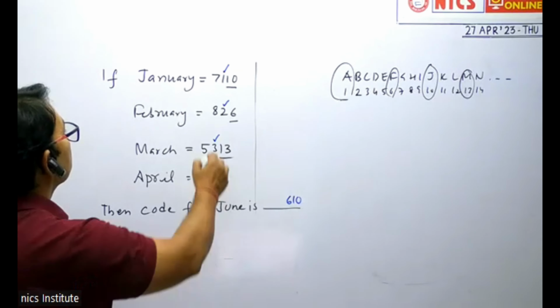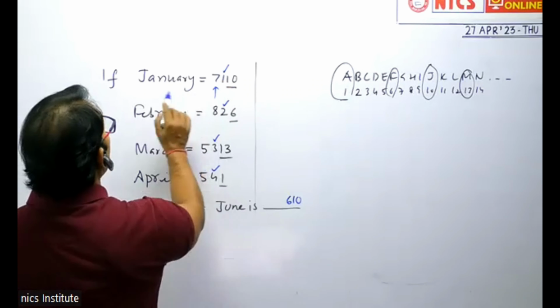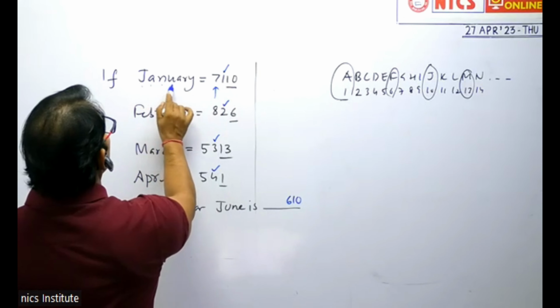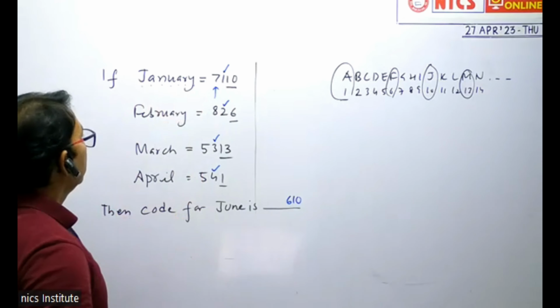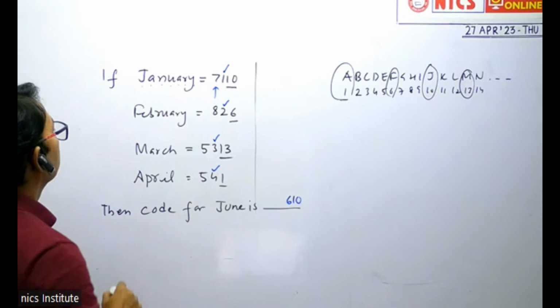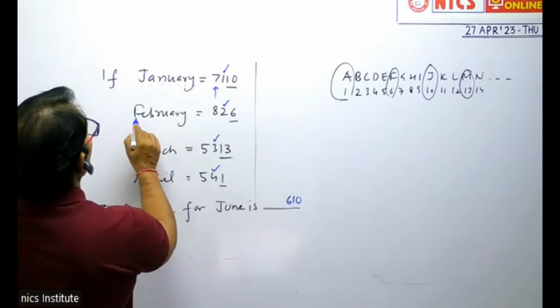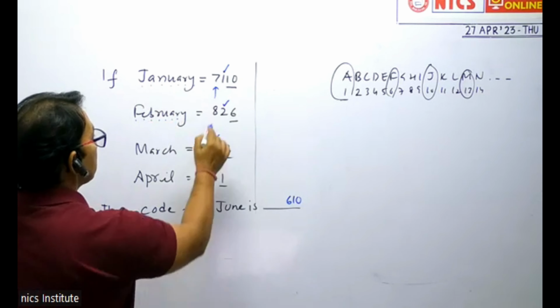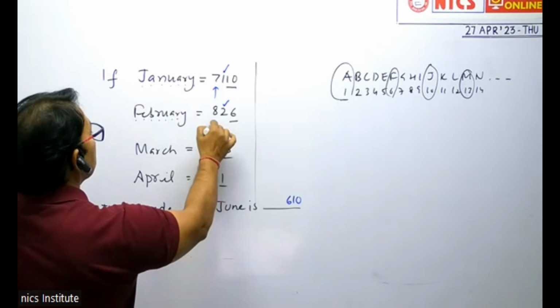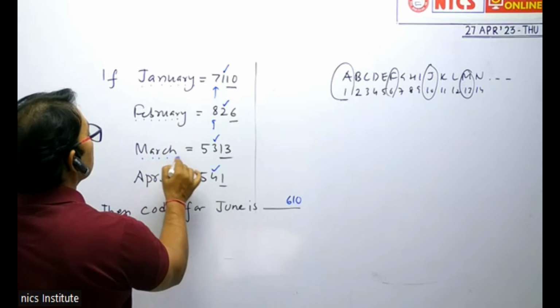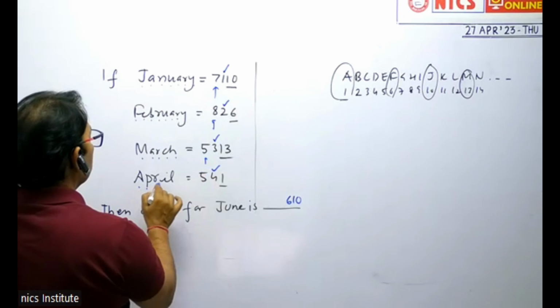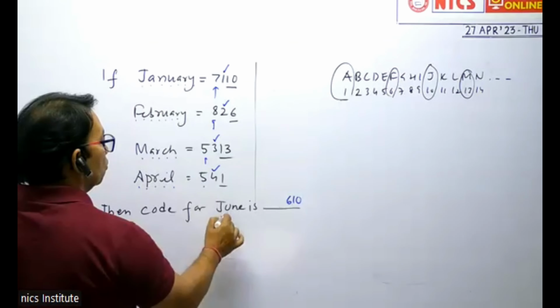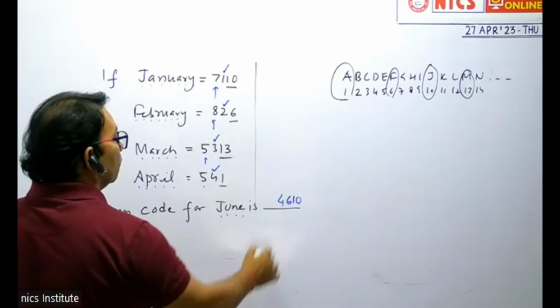Look at this digit. If you count the number of letters in the word January, there are 7. If you count the number of letters in February, they are 8, right? In March, 5, April, 5, June, 4.